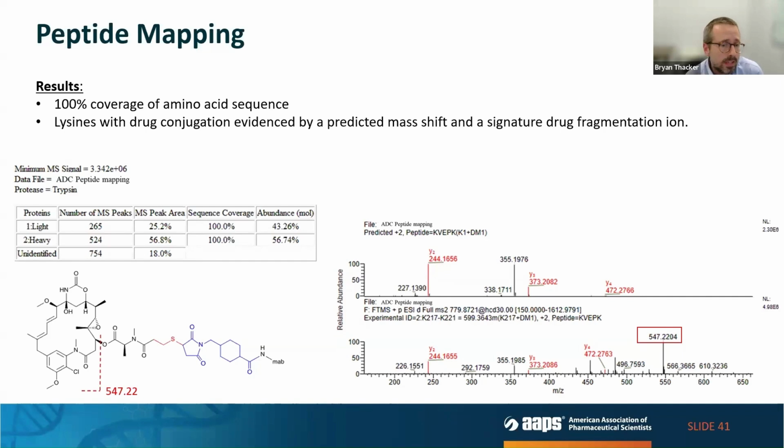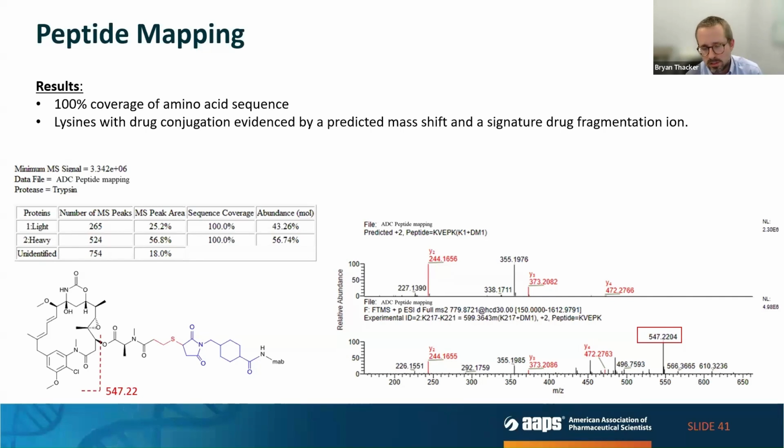The linker also might fragment as the peptide is being fragmented for tandem mass spec, and it fragments in a characteristic way, giving rise to a signature ion mass, which is shown in the chemical structure on the bottom left. This drug and linker will fragment where that dotted line is shown, and it gives rise to a signature ion of 547 Daltons.